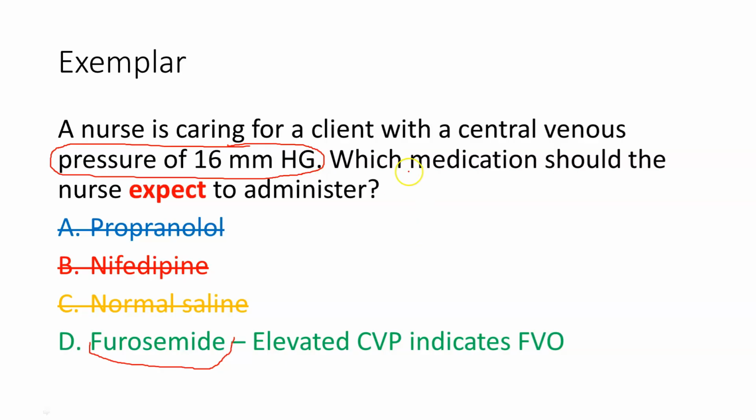And basically, you're going to take this question and you reword it. What should the nurse do about a high CVP? I don't know that propranolol or nifedipine are going to do anything. This is a throwaway answer. Sometimes we're nice and we give you those throwaway answers. So that only leaves you with one option.